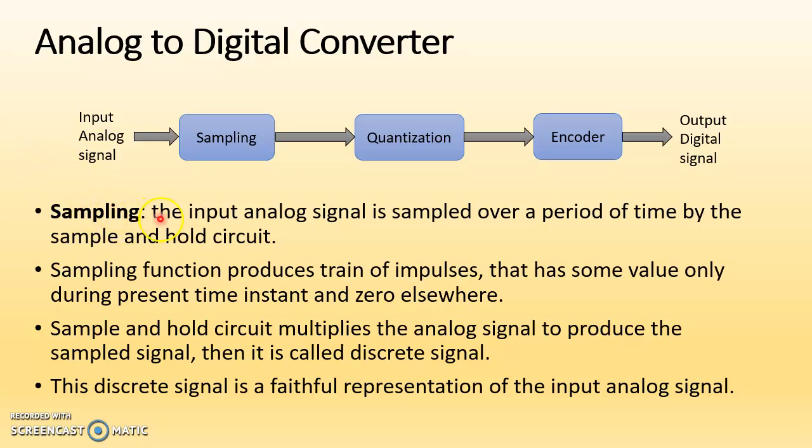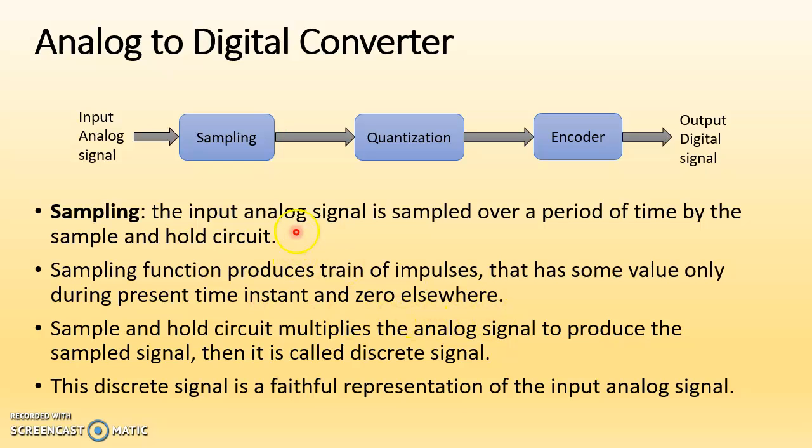What is the sampling or sample and hold circuit? The analog signal is given as input to this block. It will sample over a period of time. It samples the signals. The sampling function produces a train of impulses. It produces impulses that have some value only during the present time instant and 0 elsewhere.